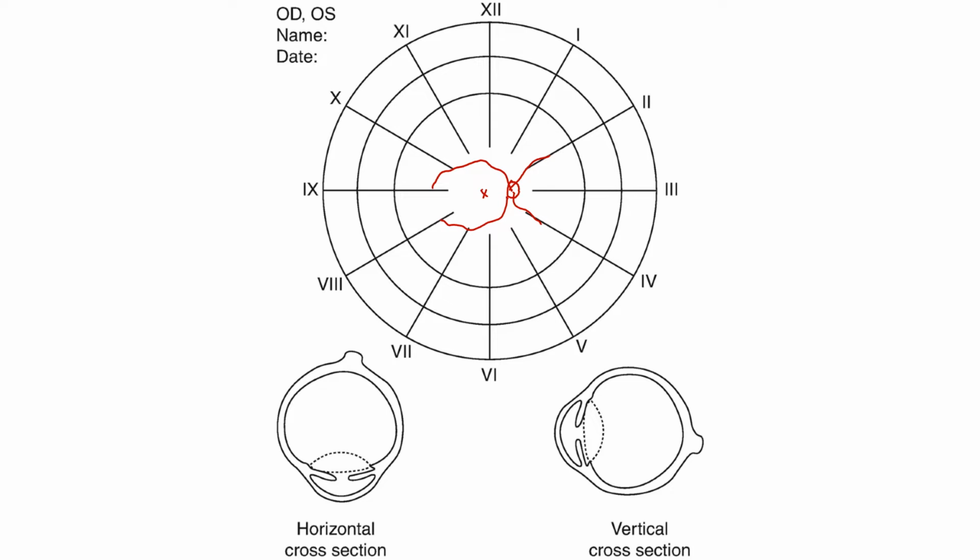As I've discussed, this is the equator and this is the ora serrata. So usually the holes form closer to the periphery of the retina. So this is a hole here, posterior to the ora serrata, and now we have a process through which the retinal detachment occurs.